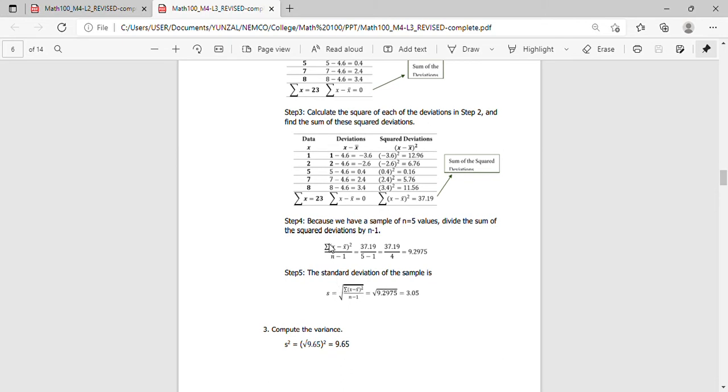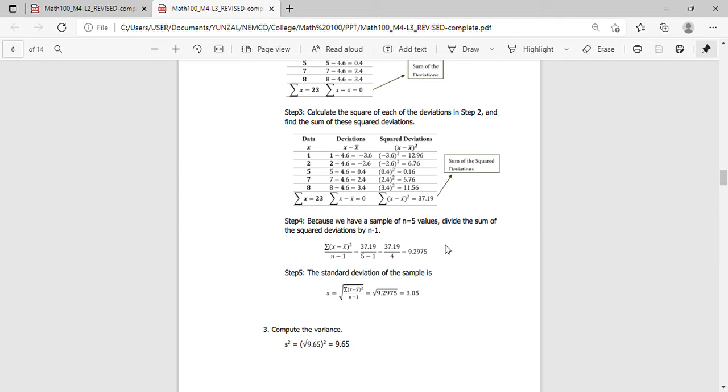We have summation of x minus x̄ squared over n minus 1. Since nakakuha naman ta kagaina, 37.19, pwede rin nato siya ibutang diri. Over, there are only 5 datas that we have. So, 5 minus 1, that's 4. And if we divide them, that's equal to 9.2975.